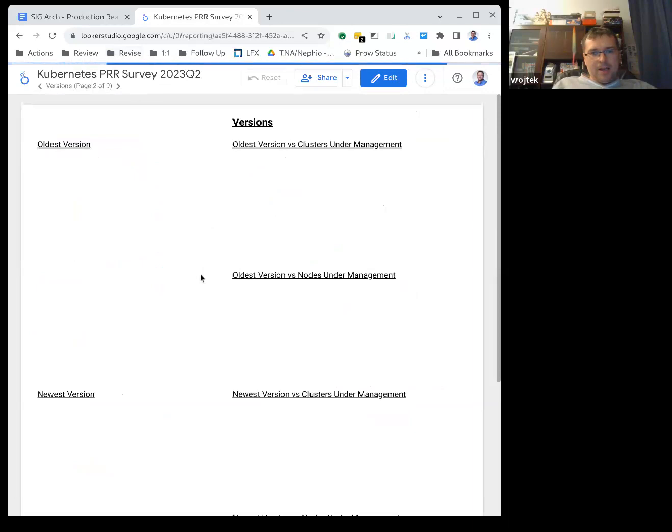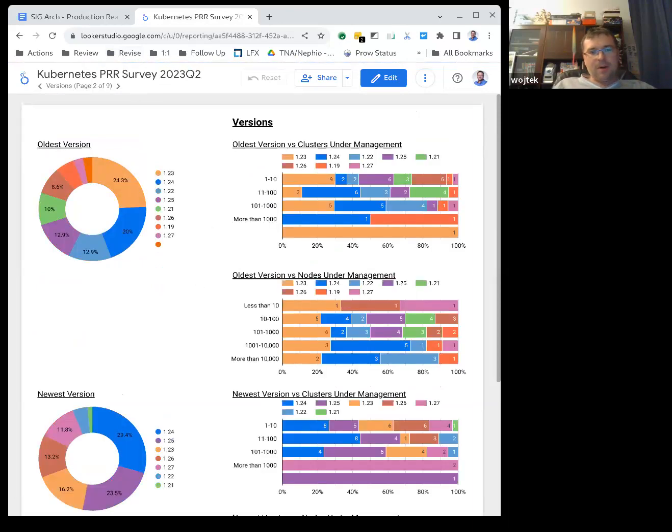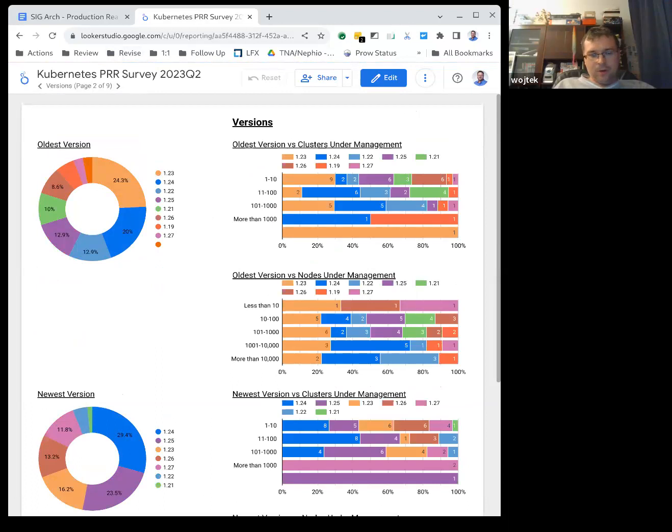My guess, because we don't really know that, is that it's primarily because of deprecations that were happening. 1.22 was really hard in terms of deprecations, and we see a lot of 1.21 clusters, or a significant percentage of 1.20 and 1.21. 1.24 was also problematic because of Docker shim. That would be my explanation.